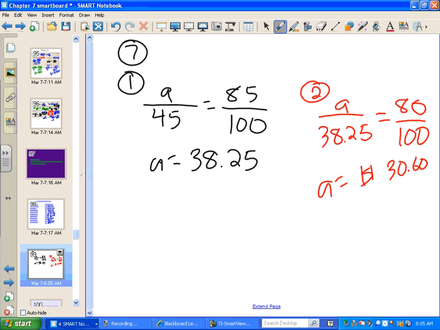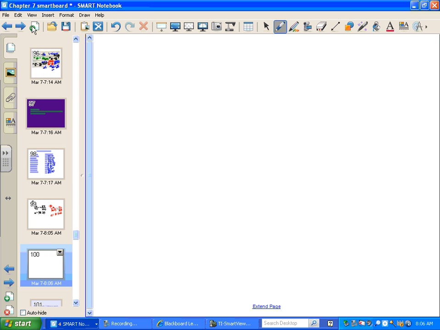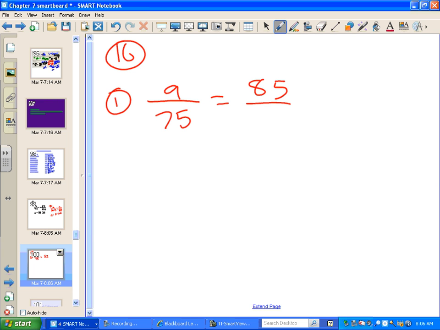Okay, 16 also has 2 steps, so kind of like this. Is everyone okay with 7 before I move? Okay, 16. Step 1. Okay, you need to find, if it's 15% off, what the sale price is. So we have A over 75, which is the original amount, 15% off. You get that the sale price is $63.75.